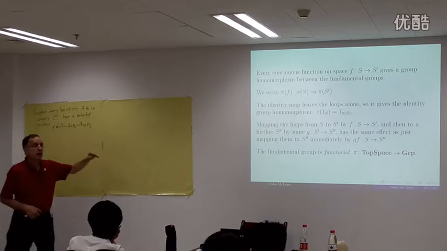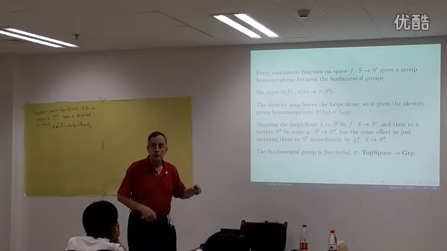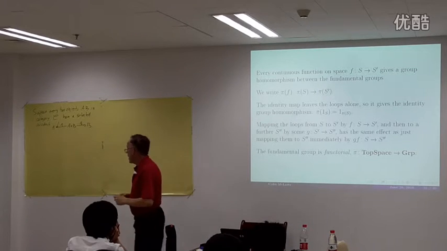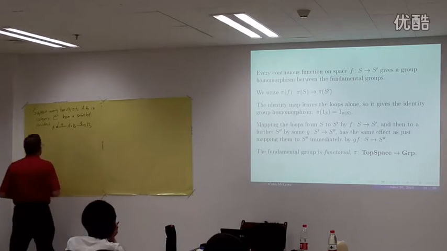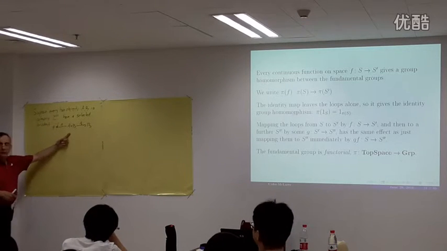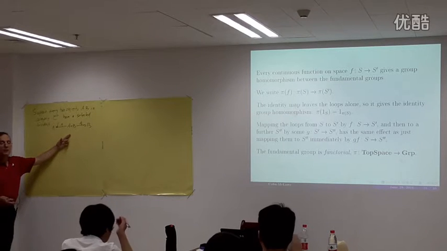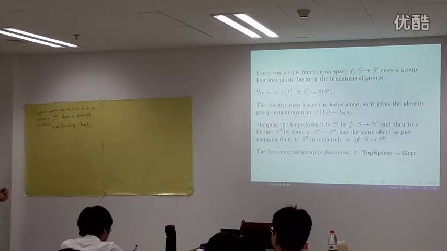But here I'm making that data. I'm saying, suppose my category does have selected pairs for each. Again, this is not exactly the full strength of choice, because I'm picking a unique one. I'm saying there's a function, but it amounts to assuming choice in general. Now suppose they do.